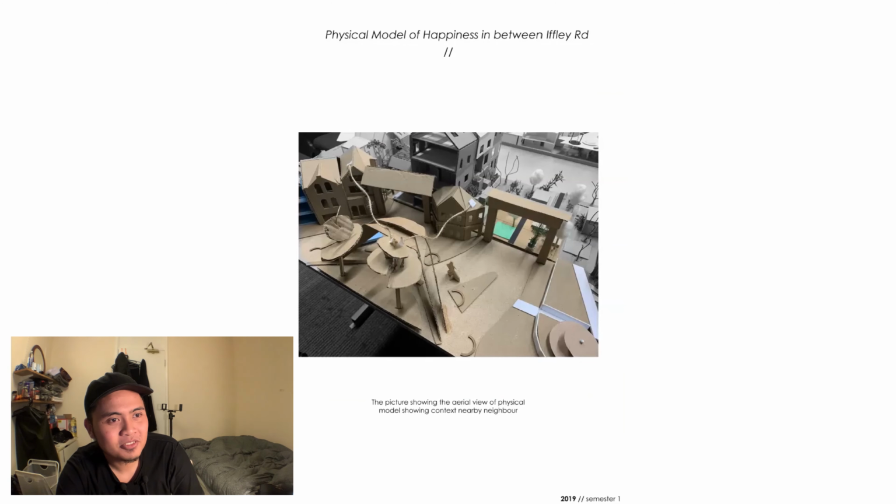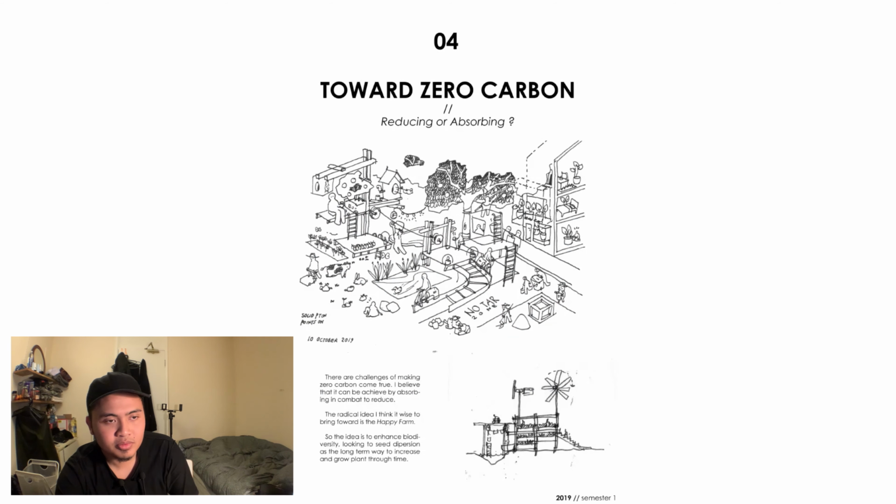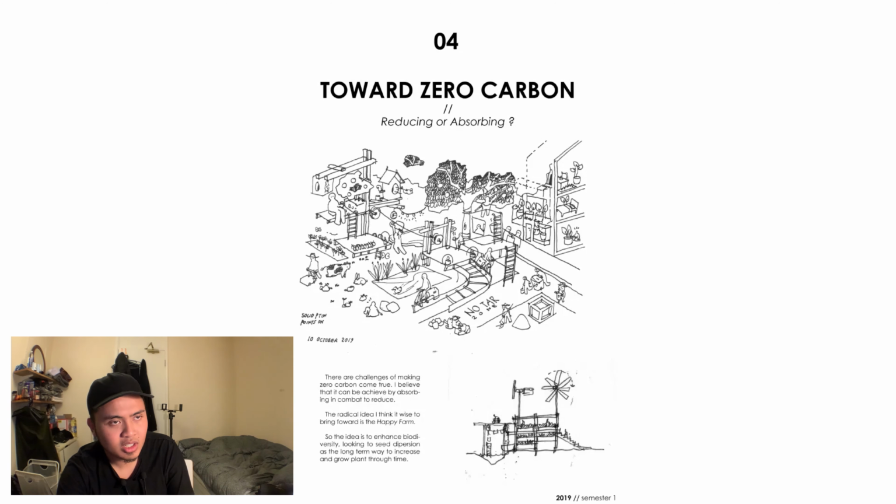The second is towards zero carbon. The idea is to either reduce or absorb. Some of my friends take reducing as their approach, but mine, I've been thinking about absorbing instead of reducing. So the idea is to have a symbiosis of animals and people working together to plant trees.